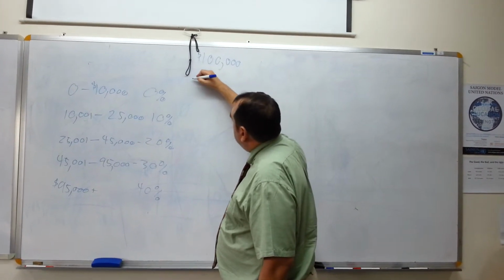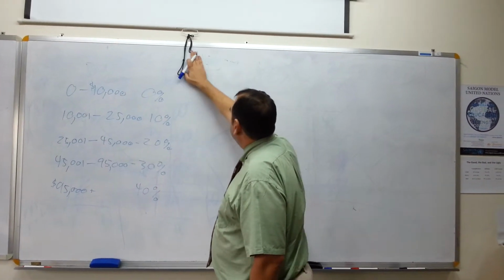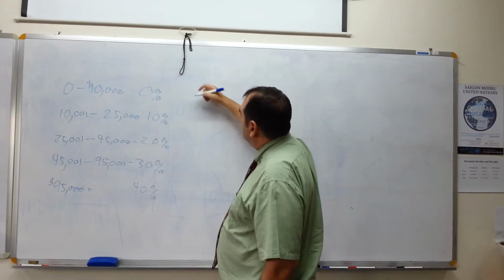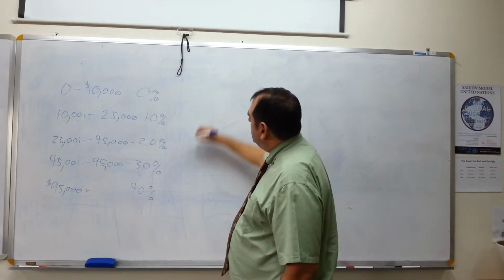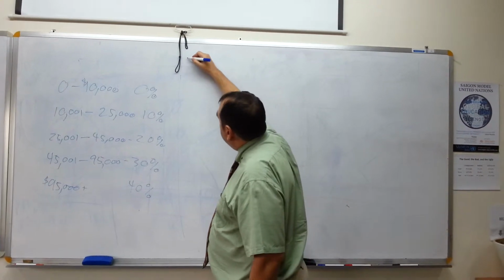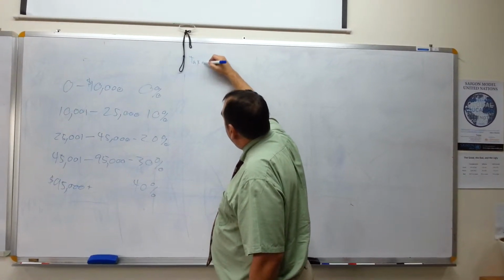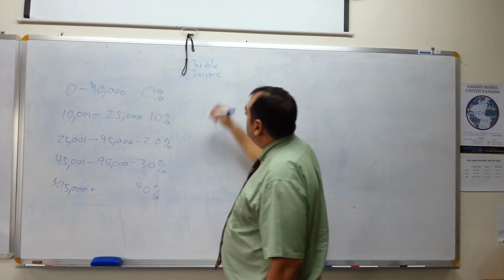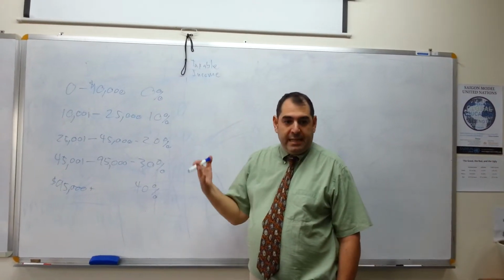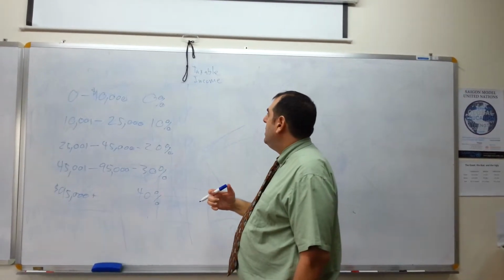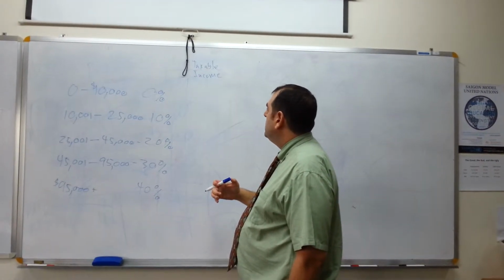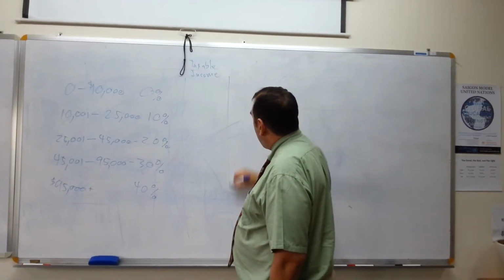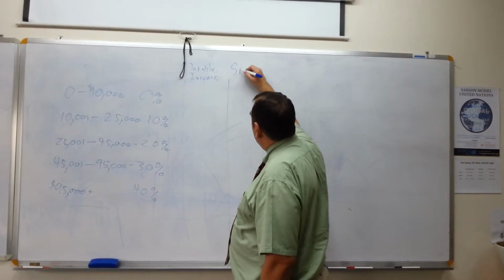In this column, we'll just say taxable income. How much money does he have left that we can tax? Here we'll put the size of the bracket.